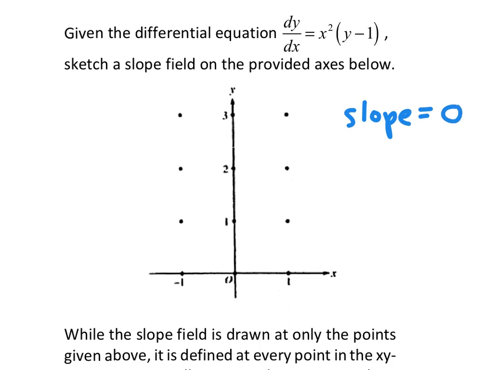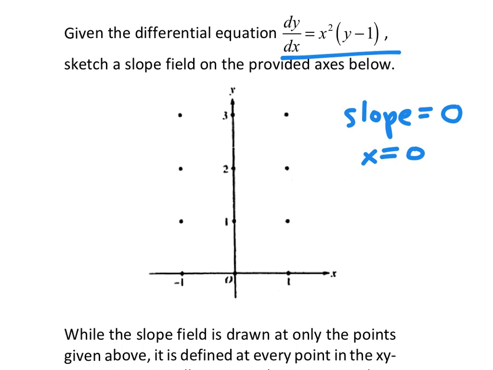Looking at my differential equation dy/dx, I want to figure out what values for x and what values of y would make dy/dx equal 0. Well, if x is equal to 0, that entire expression dy/dx would equal 0. So everywhere along x equals 0, I'm going to have to graph a slope of 0.